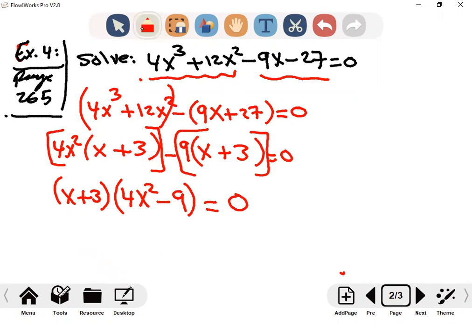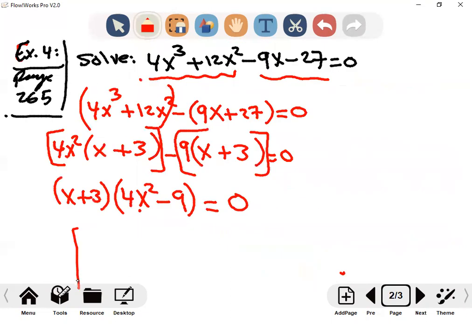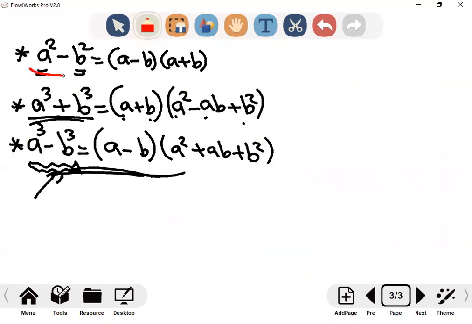Fine. Did I finish factoring? What I have, this x plus 3, this is linear. But this here, what's this? What do we call it, which formula will we use for factoring this? Look, do you see this? What we call it is the difference of two squares.